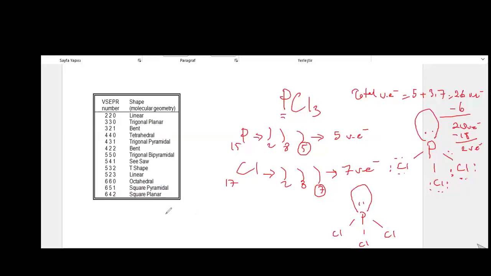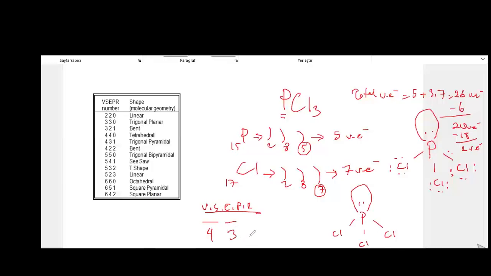Once again, let's try to find the VSEPR numbers for that molecule. For our first digit, there are 4 electron domains in total. And let's look at each bond. There are 3 bonds.